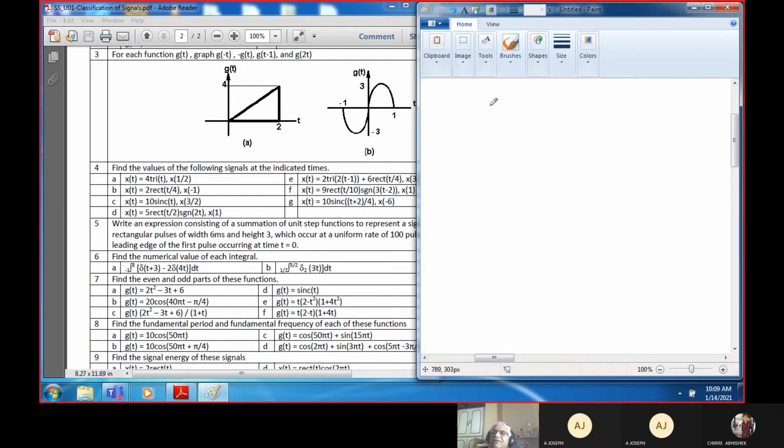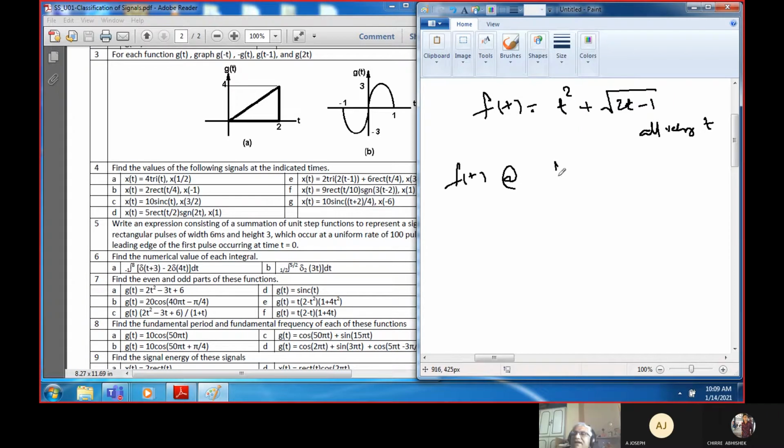I'll give you another problem. If f of t is equal to t square plus square root of 2t minus 1, supposing it is like this, for all values of t, then find f of t at t equal to 1 by 2. Because this function is valid for all values of t, what is f of 1 by 2?